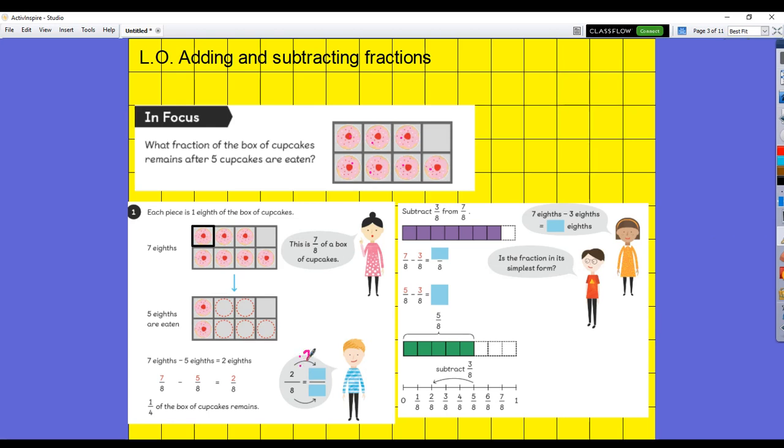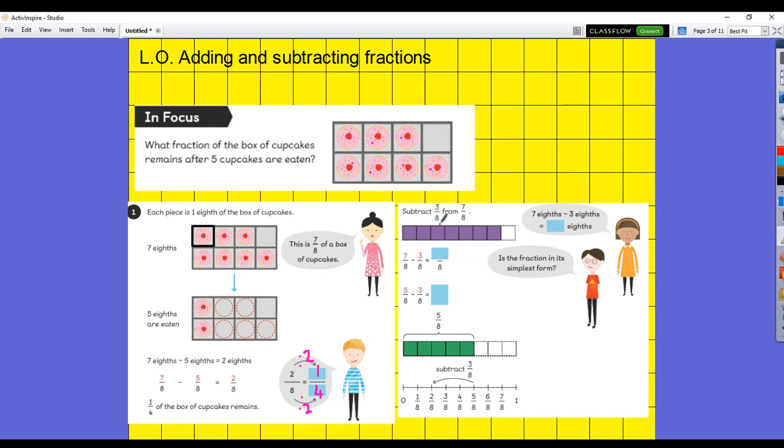Well, let's do our 2 times table, and let's use our piano fingers. So 2 divided by 2 is going to be 1, because 1 times 2 is 2. Remember, whatever you do to the top, you have to do to the bottom. So 8 divided by 2 is going to be 4. So you can say 2/8 simplifies to 1/4. Okay?